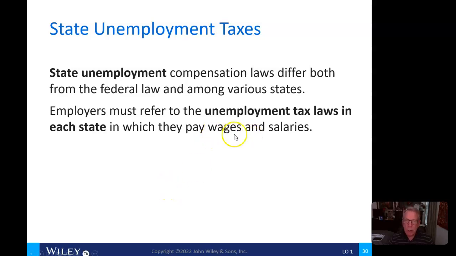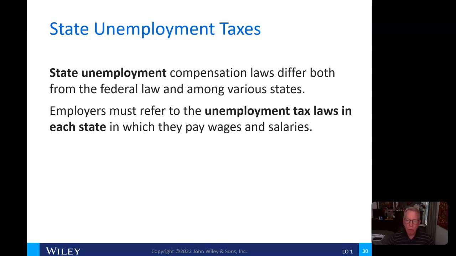The state unemployment taxes vary between the states, naturally, and the employers have to refer to the unemployment tax law in each state in which they pay wages and salaries. So if you have, as I have had, employees in various states, you need to be prepared to pay differing unemployment taxes.